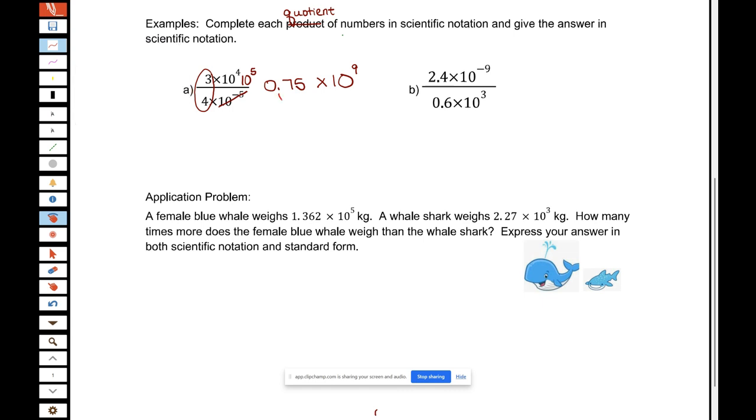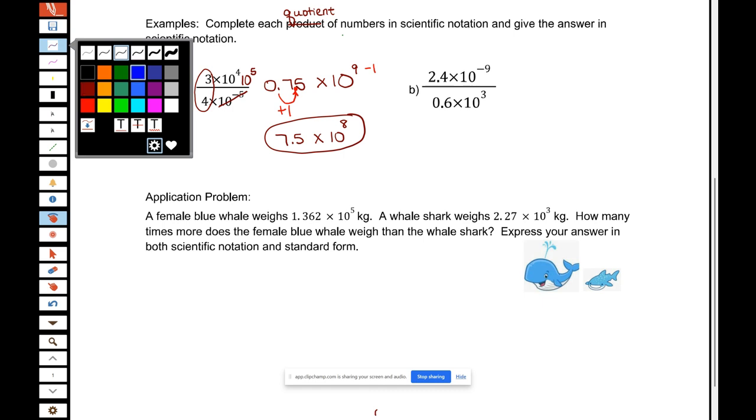However, 0.75 is not between 1 and 10, so I'm going to move the decimal to the right one, which means I'm going to subtract 1 here. So I have 0.75. Oh, no, now it's 7.5, now that I've moved my decimal, times 10 to the 8th now when I combine those powers.